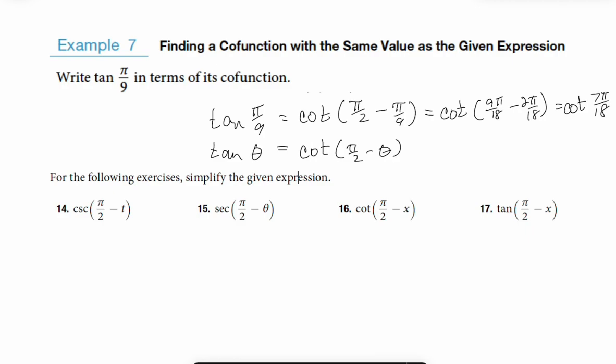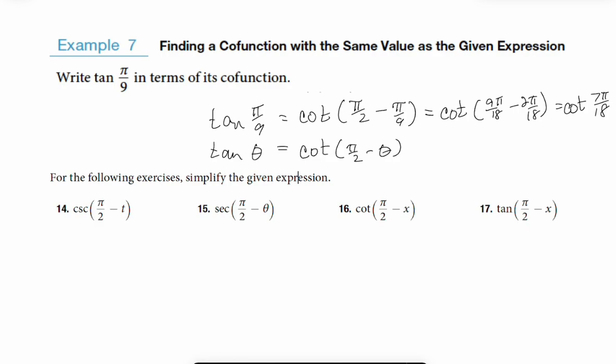So if you were to put into your calculator in radian measure the tangent of pi over 9, or if you took the tangent of 7 pi over 18 and then just flipped it, you would get the exact same value. So that is how the cofunctions work.